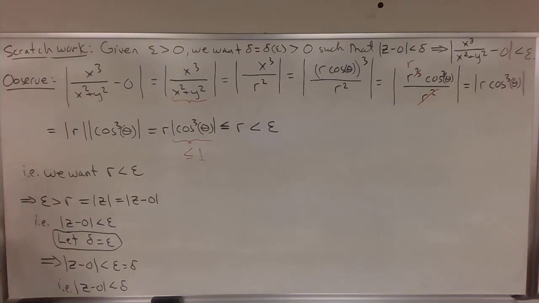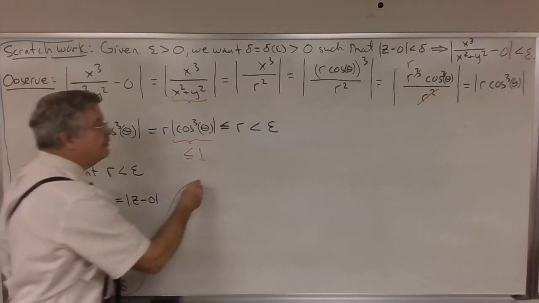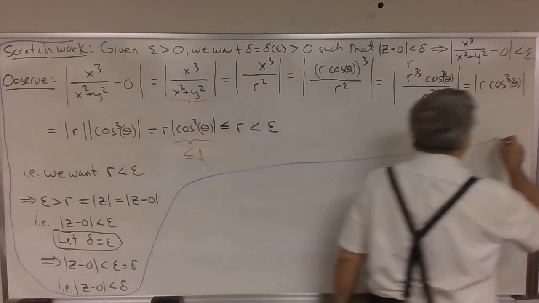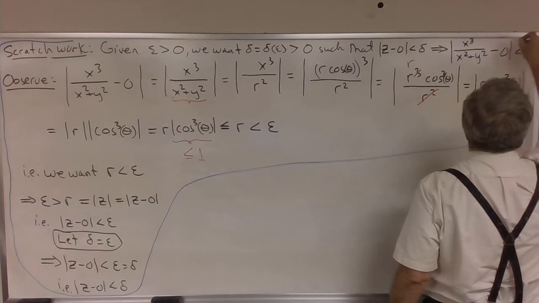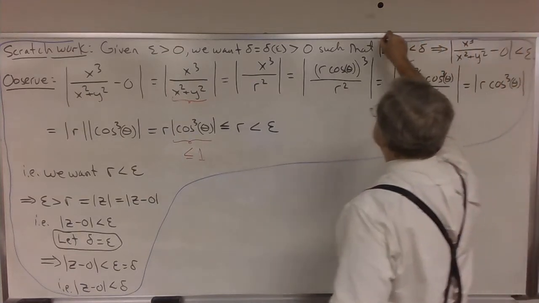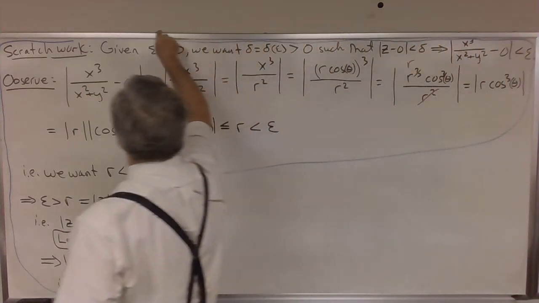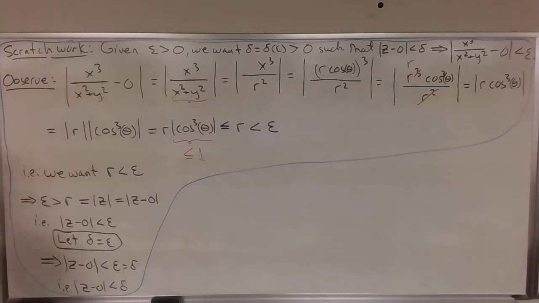And I say that usually when I do scratch work, I write it on a part of the page that's sort of separate from the rest of the exercise that I do. And I encapsulate it just so that I know that this is scratch work.